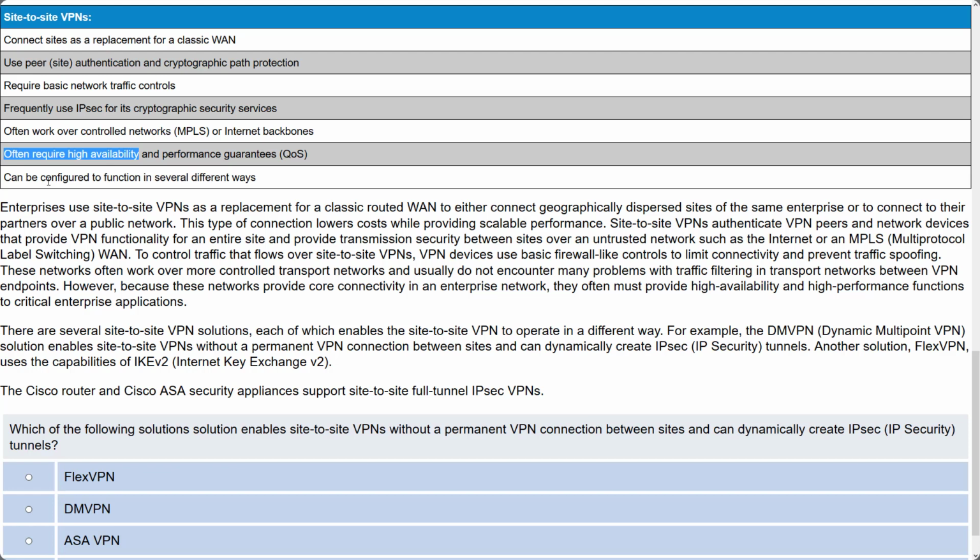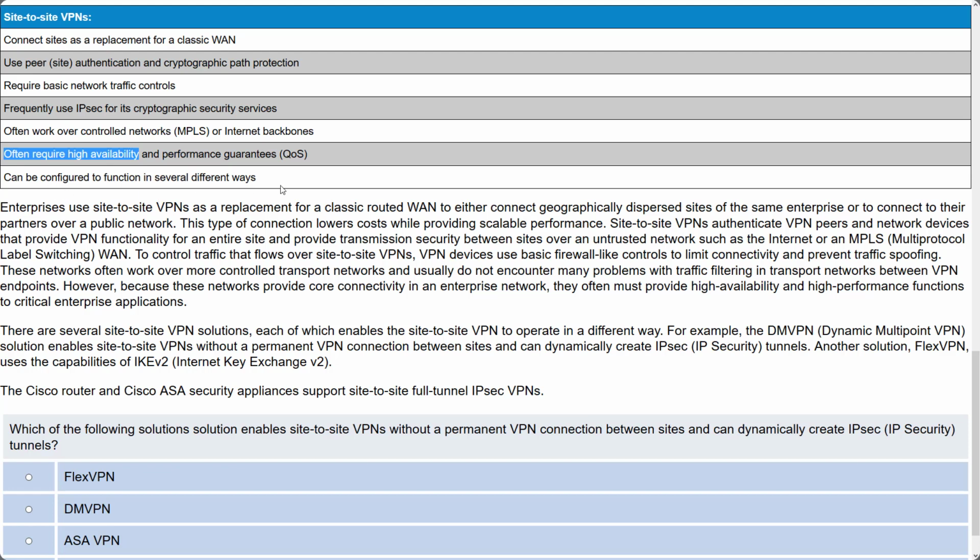But availability is really important as well. So we might have redundant termination points for our VPNs. We might have failover. We might have traffic engineering that we implement, and so on. And certainly we still want to guarantee that some of those other applications that require prioritization and so on are prioritized. So QoS, quality of service, would be something that we would implement as well.